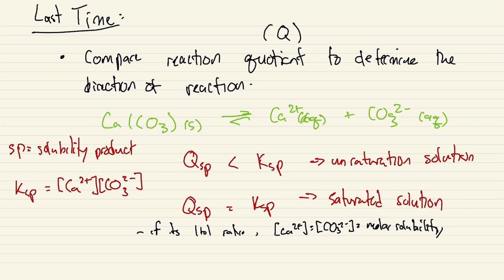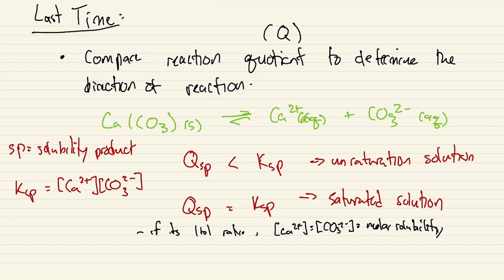And again, the reason that it's equal to these concentrations in these cases is because that's the amount of solid that we lose at equilibrium, right? And when you set up an ice table, the amount that we lose is equal to some value x. And because it's a 1-to-1 molar ratio, whatever we lose, we get 1 mole of calcium and 1 mole of carbonate. That's why those two concentrations at equilibrium are equal to the molar solubility.